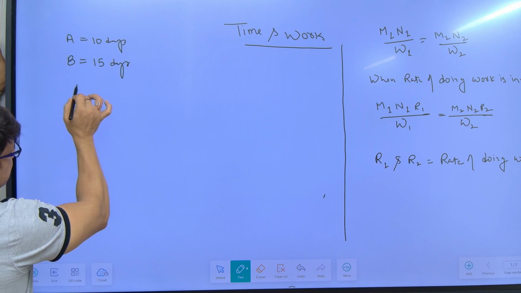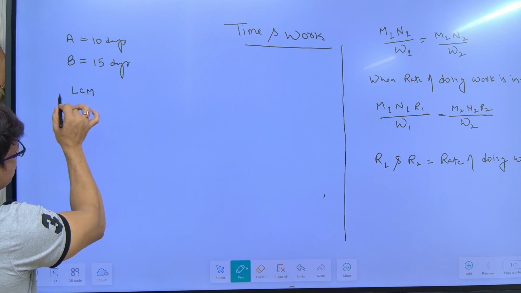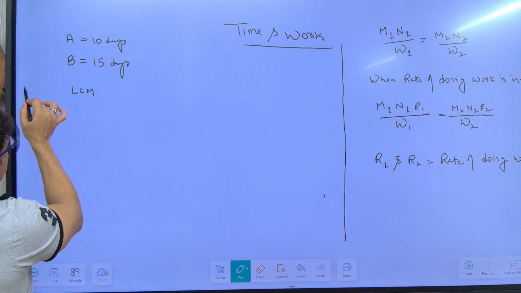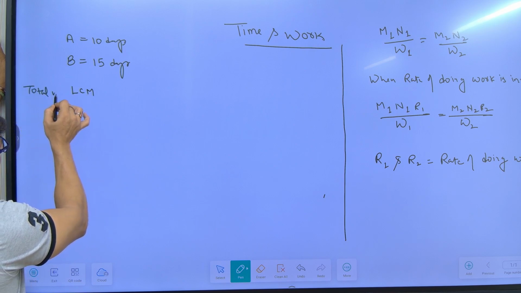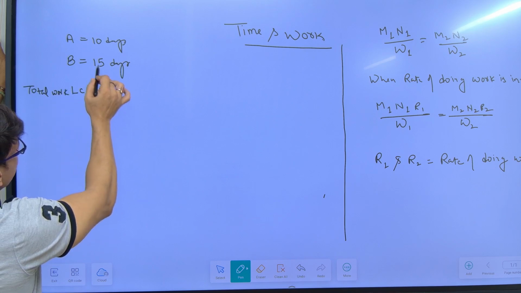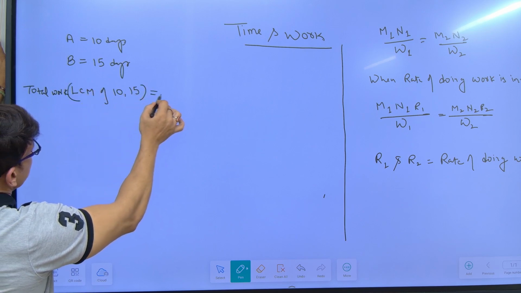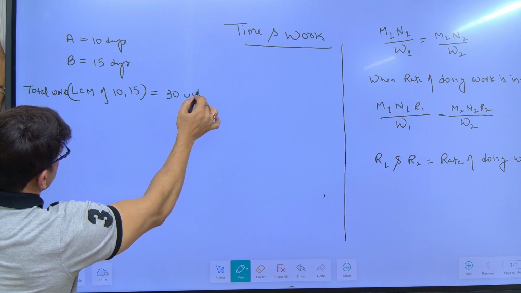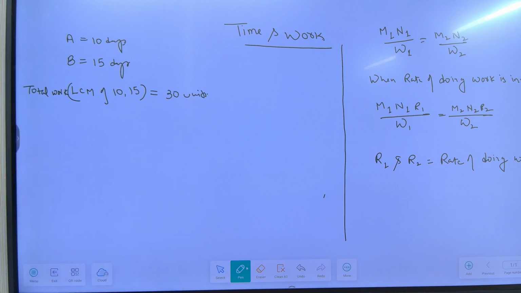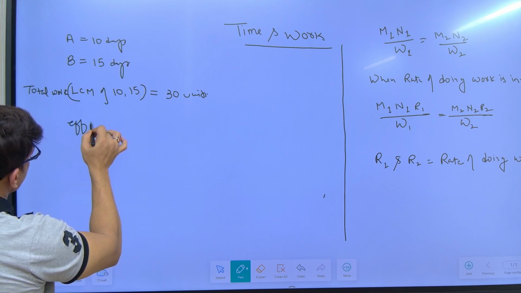In such cases, I have another method, called the LCM method. Take the total work as the LCM of the given number of days. Total work is the LCM of 10 and 15, which is 30 units.